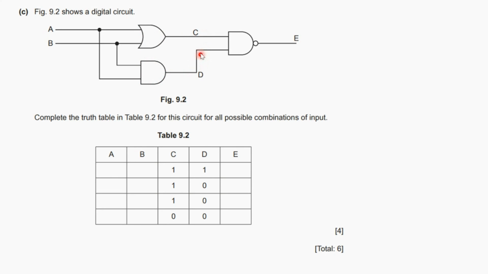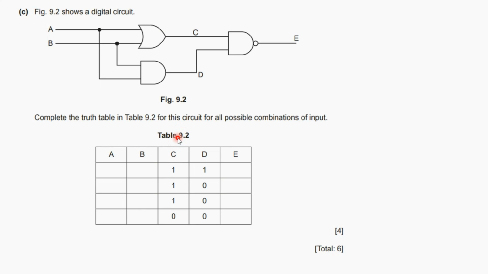C and D represent the inputs for the NAND, sorry, and this is E, which is the output.